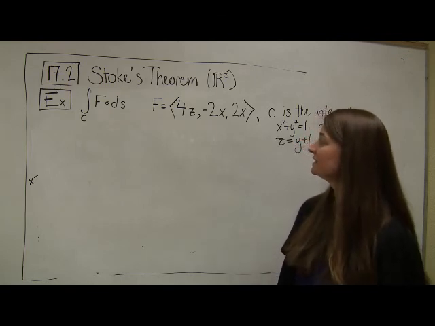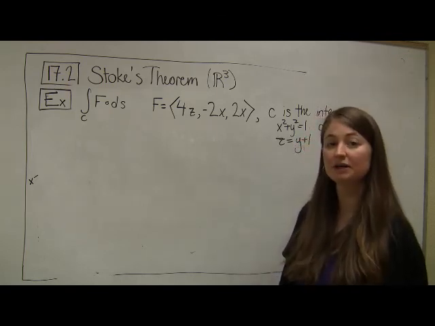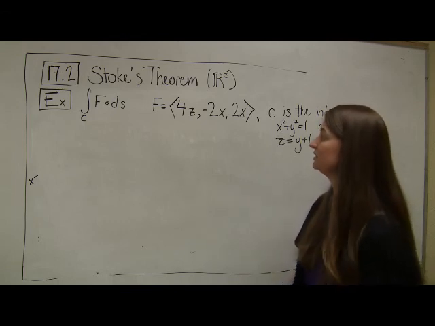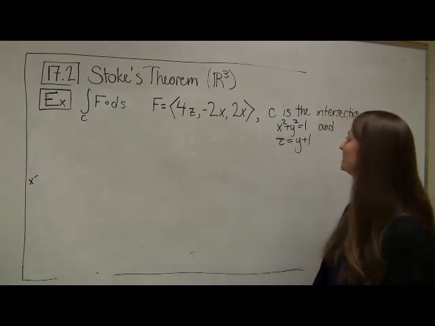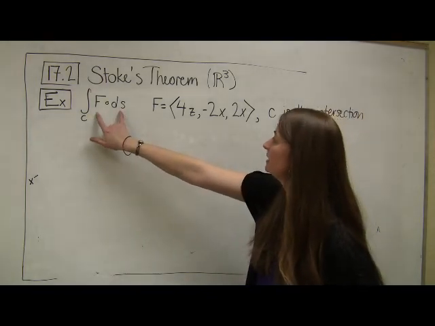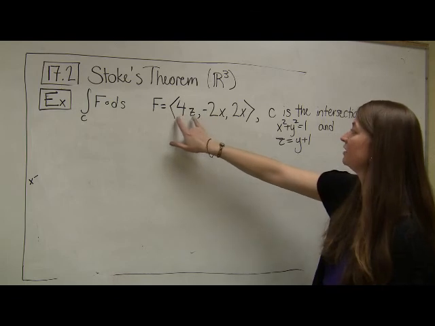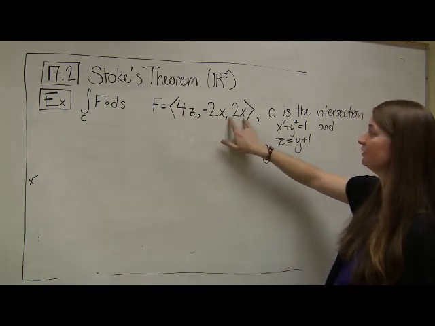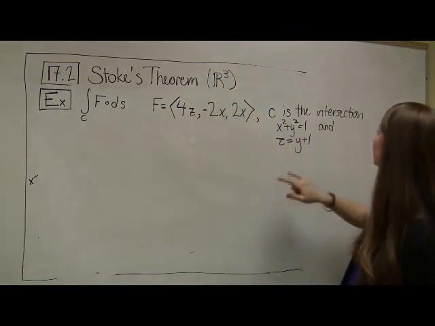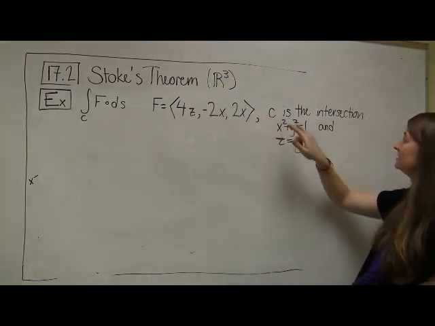So let's revisit this exact same example, only this time we're going to apply Stokes' theorem. And in general, that's typically what we're going to want to do, because Stokes' theorem sometimes can make these problems much, much easier. So again, recall we're computing the line integral. In this case, we have our 3-component vector field function, so we know we want to apply Stokes' theorem, because that's in R3. And our path is the same as it was before.